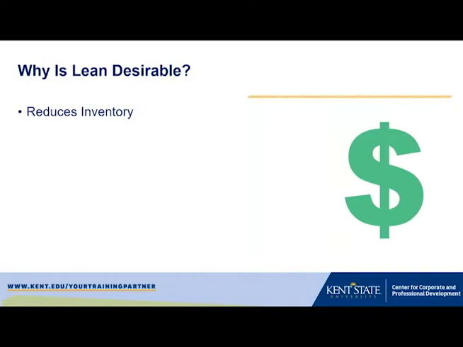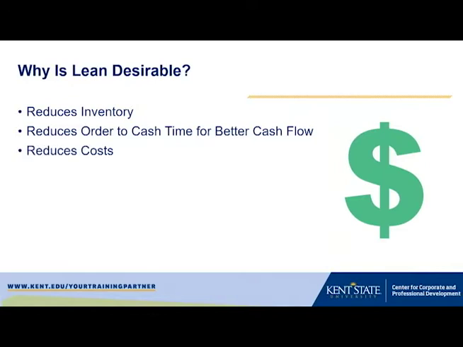It frees up cash. It reduces the time between the order from the customer to the time you get the payment from the customer. So your cash flow improves. Your cost structure is improved because you use your time more efficiently. You don't make as many defects.